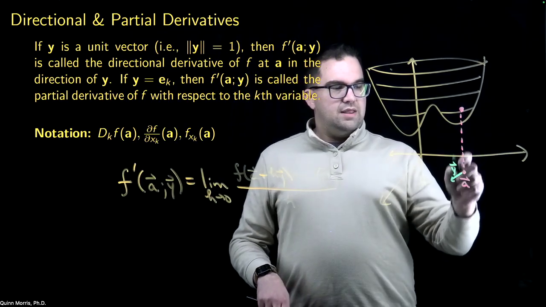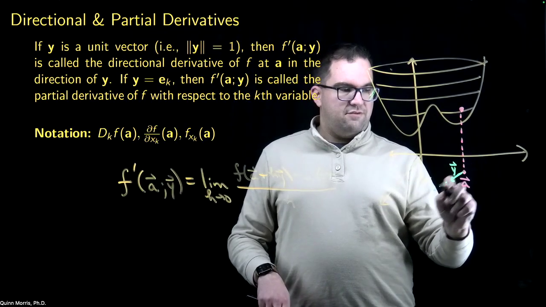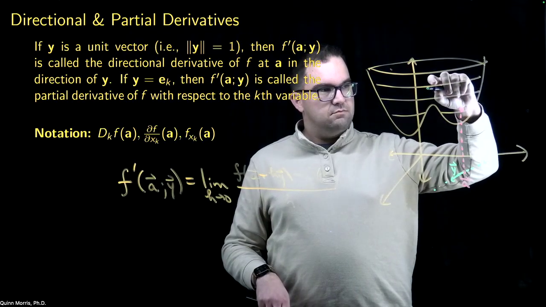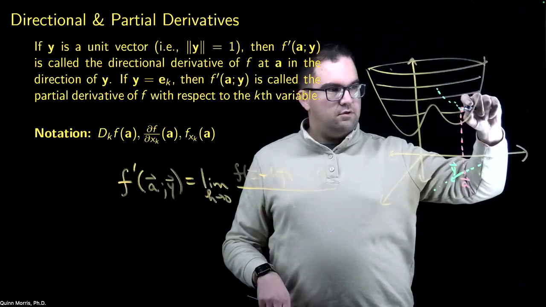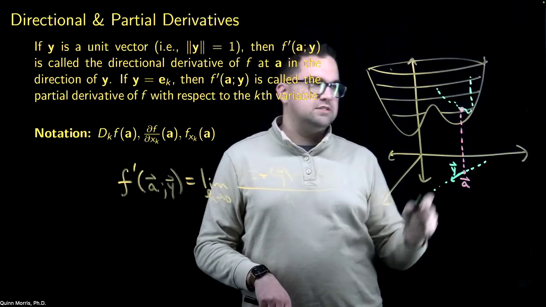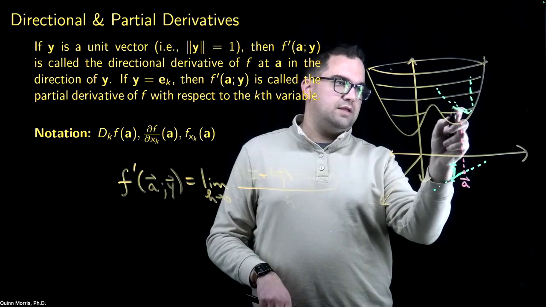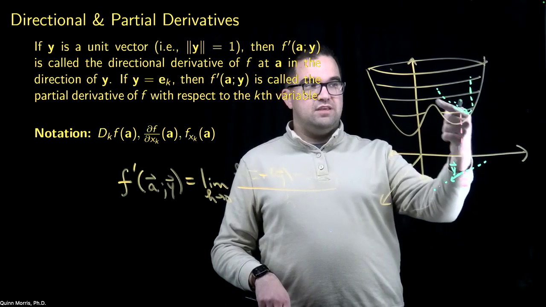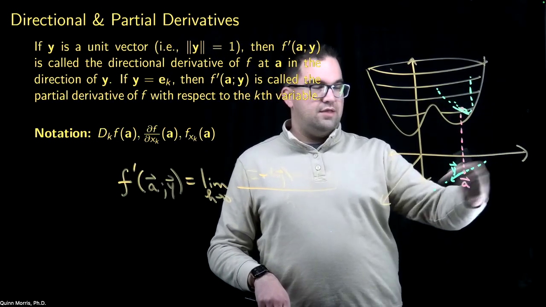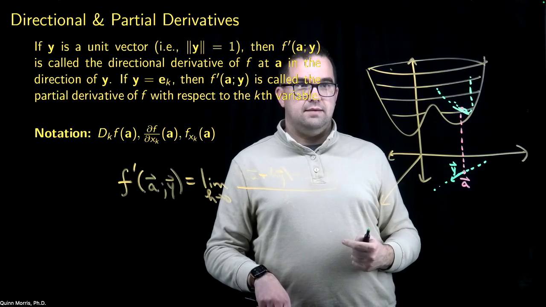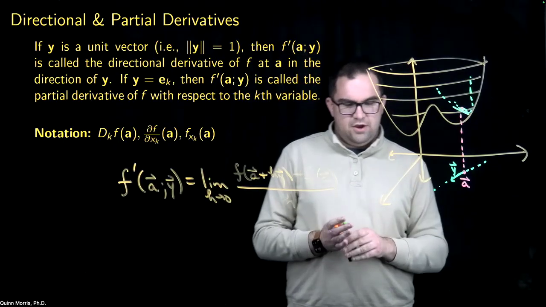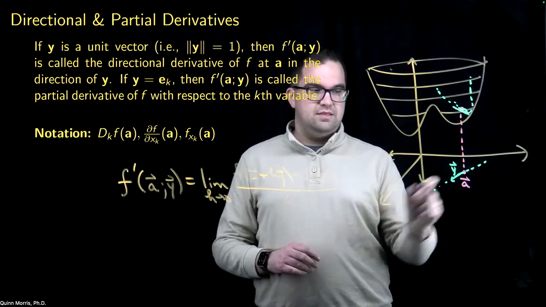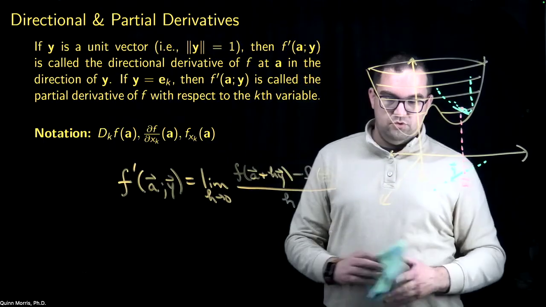If I fixed this direction and mapped this line up to the surface, who knows what it might look like when it gets mapped to the surface. But this is capturing the instantaneous rate of change of the values of this function restricted to this particular line in the domain. So this carries over our usual notion of a derivative by just standardizing that we want this y to have norm 1.